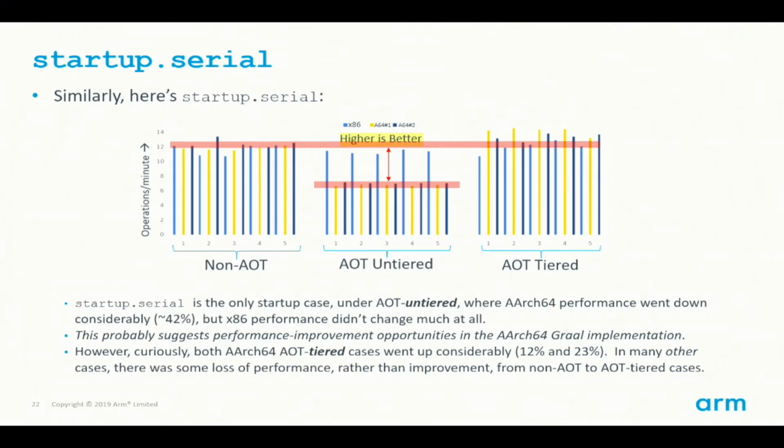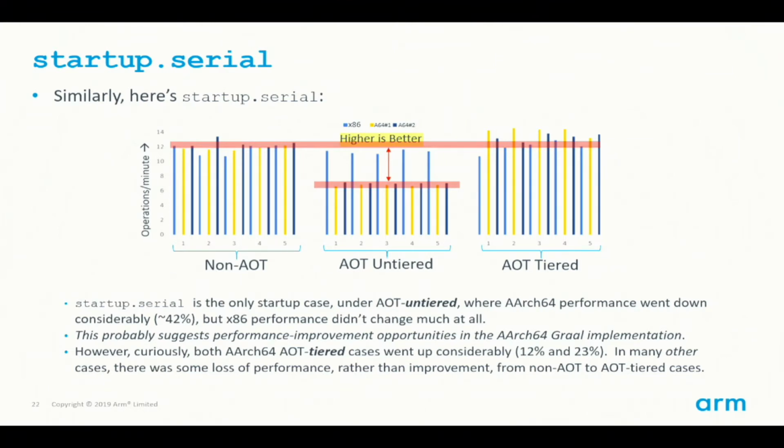As you can see, the non-AOT versus AOT tiered performance is not wildly different, somewhat different. I think you're getting a trade-off between the benefit of AOT and the downside of having to load the code, but they seem to be pretty well canceling each other out.